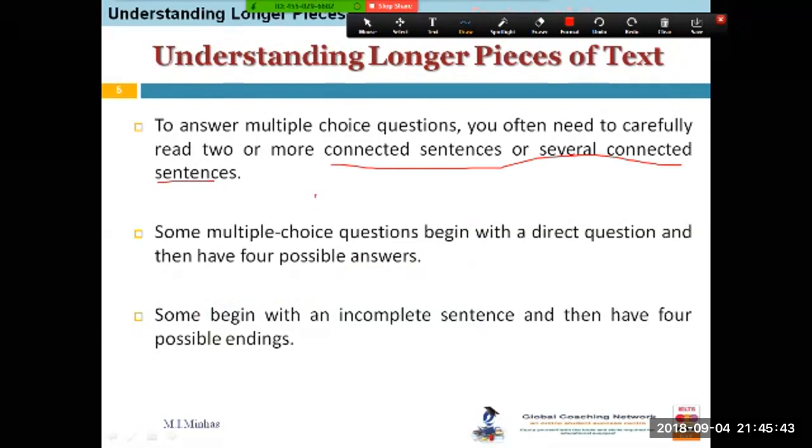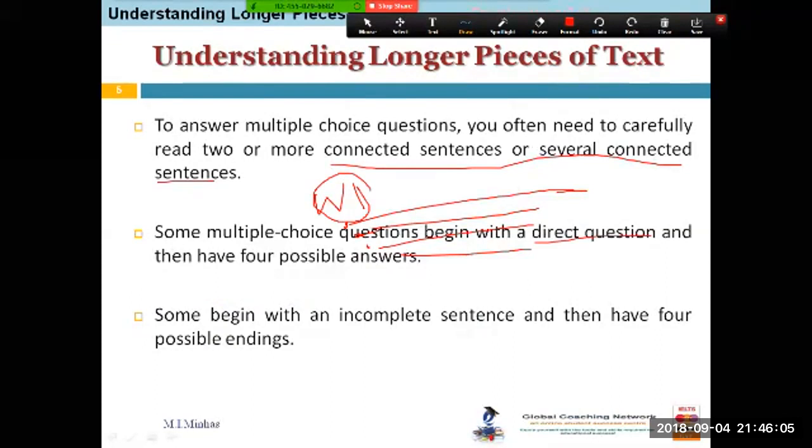Like if I say, what is the writer's meaning in line 59? And then there are four options for you, and you have to choose any one of them. This is one type of multiple choice question in which you will be asked a direct question.